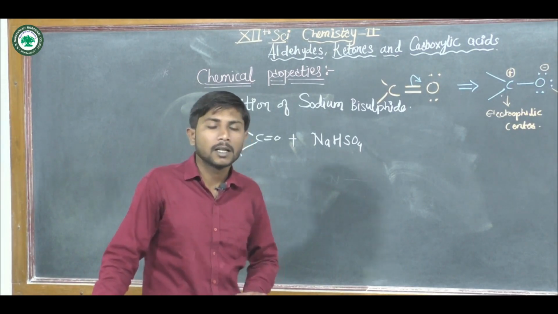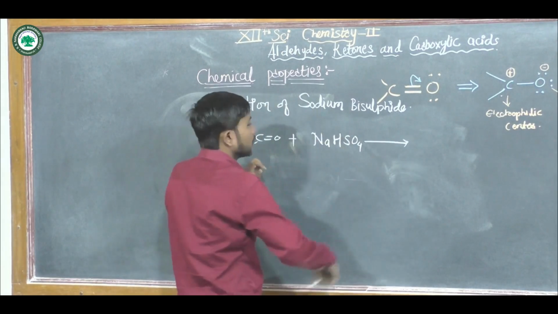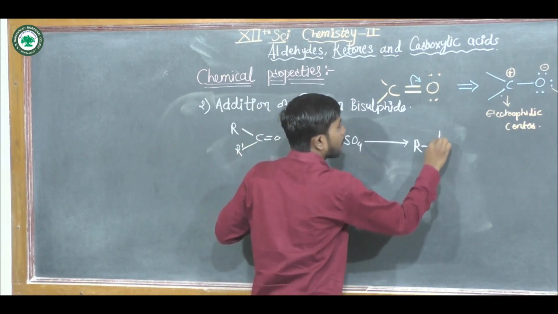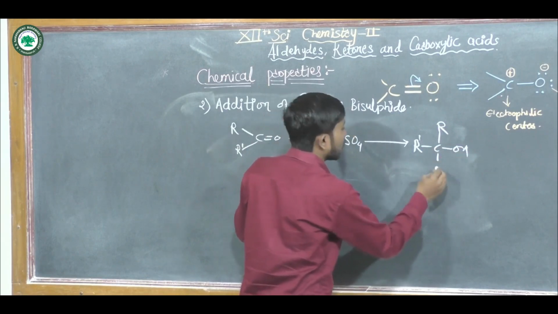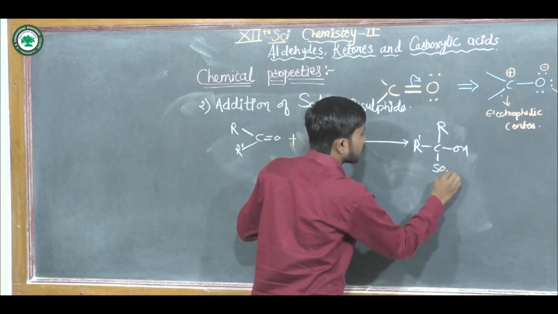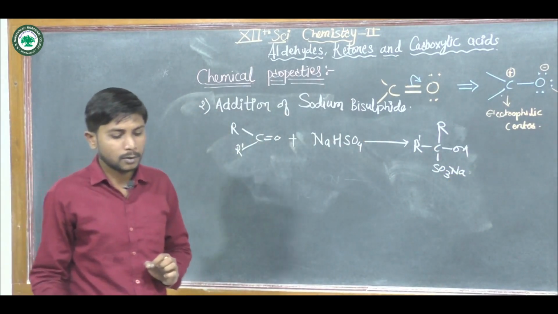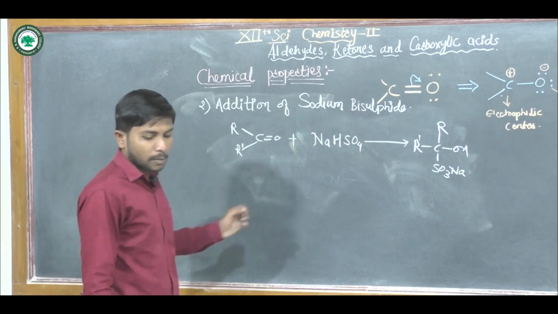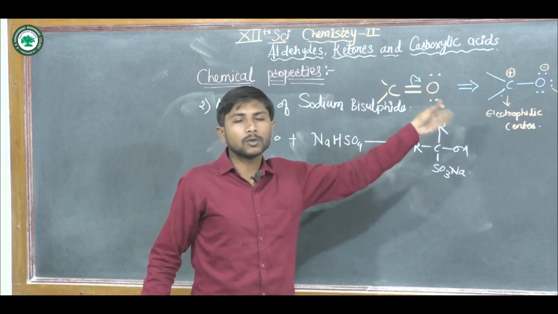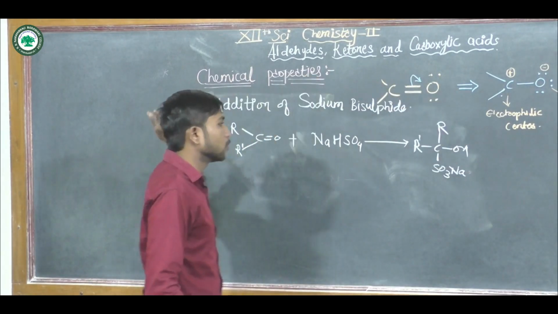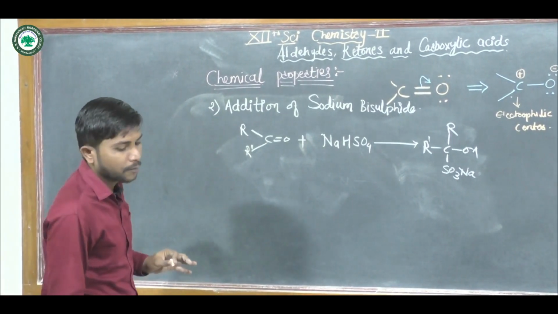The reaction takes place like this, and here SO3Na. These are the sodium bisulfite derivatives. If you take an aldehyde, it will be the aldehyde sodium bisulfite, or if you take ketones, it will be the ketone sodium bisulfite.